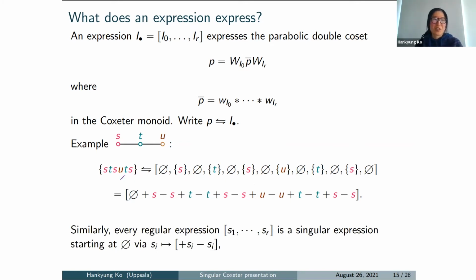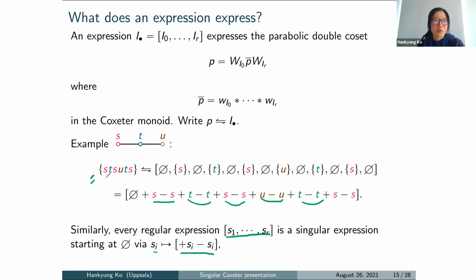So this generalizes to any expression in a Coxeter group or in a Coxeter monoid. So if you have this string of elements in S, you assign Si to this plus minus. So they come together. Then you get a singular expression which expresses the double coset.